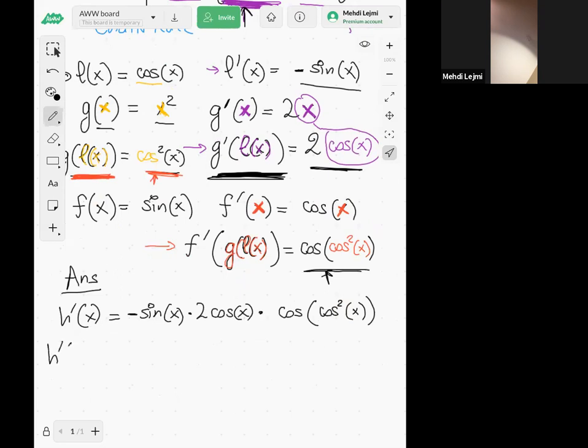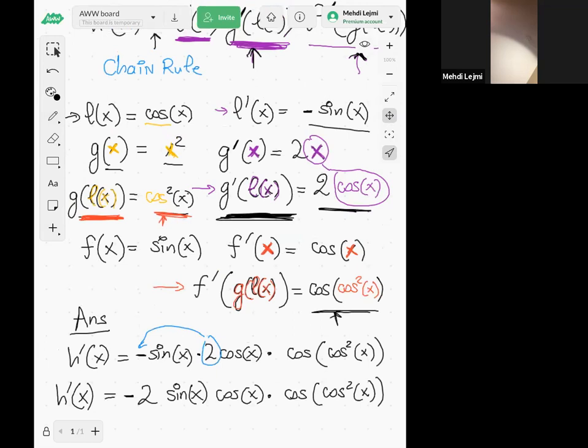So then h prime of x would be minus 2 times sine of x times the cosine of x times the cosine of cosine square of x. And so that would be the final answer.